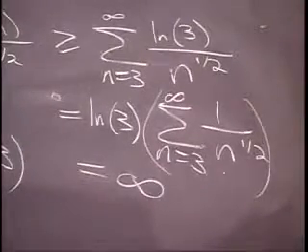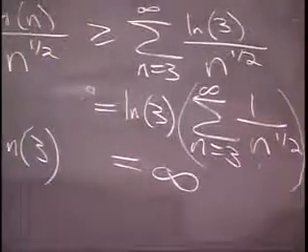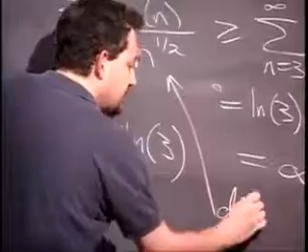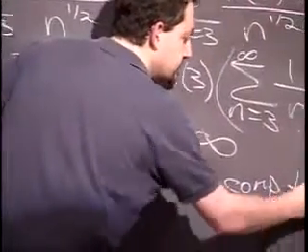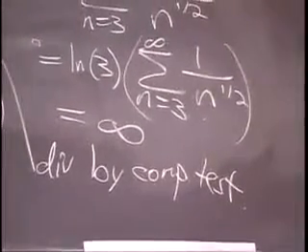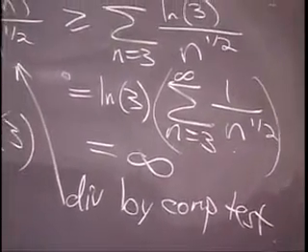So this actually is bigger than something that is infinite. Well, bigger than or equal to, it must be infinite. So this diverges by the comparison test. If you don't like the log 3, you can replace it by just a c, c being a constant, but log 3 is what it should logically be.